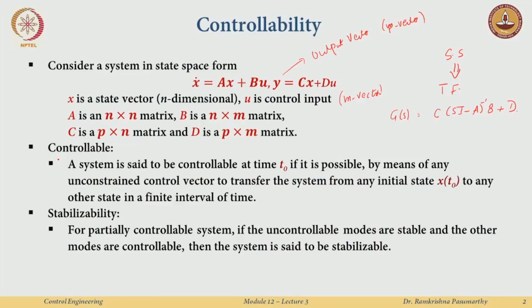Okay, so the definition says that a system is controllable at some time t0 if it is possible by means of any unconstrained control vector u to transfer the system from any initial state to any other state in a finite interval of time.